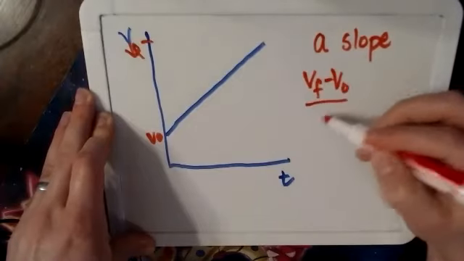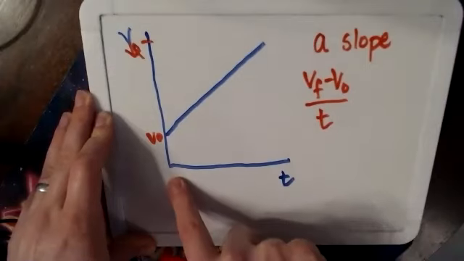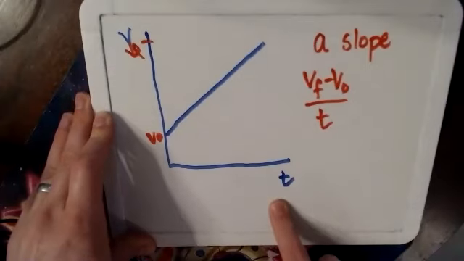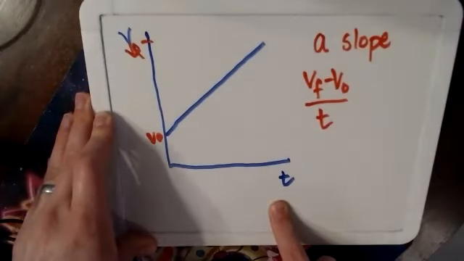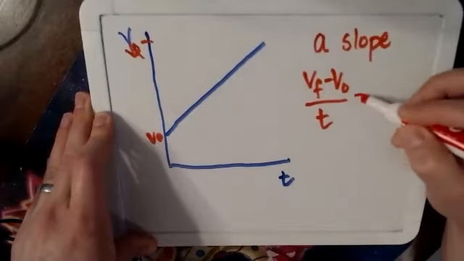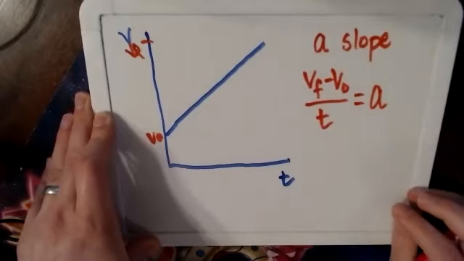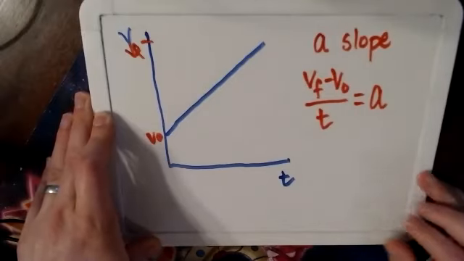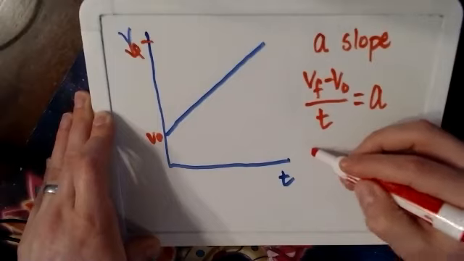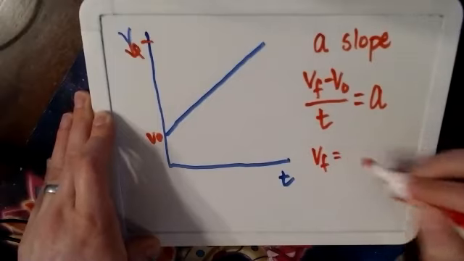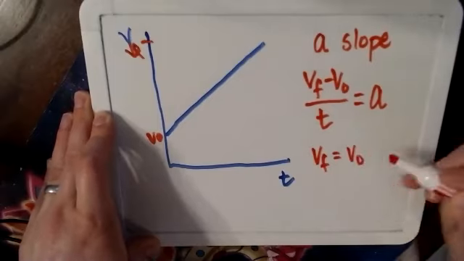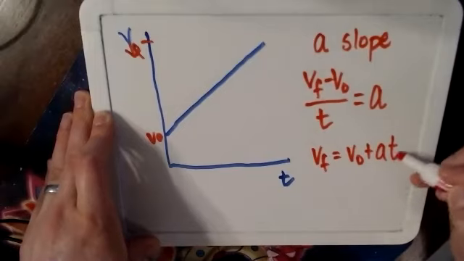And I would divide that by my time, the change in time from time 0 or whenever I wanted to the final time in this generic graph. It just looks like this. And then I'd find that to be the acceleration. We rearrange this slightly and we get our first kinematic. And that first kinematic that they like to give you is Vf equals V naught plus AT.